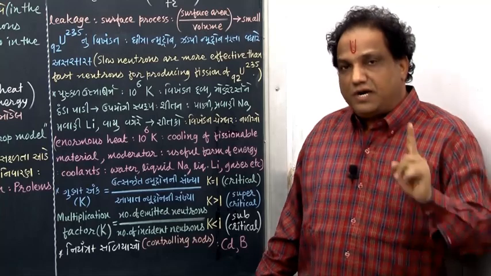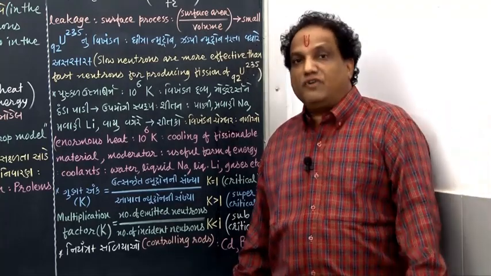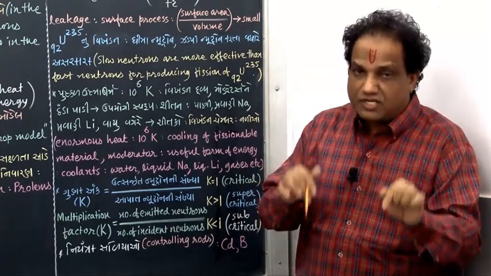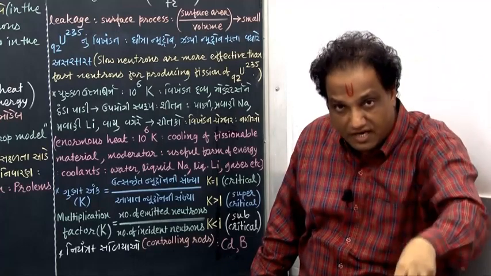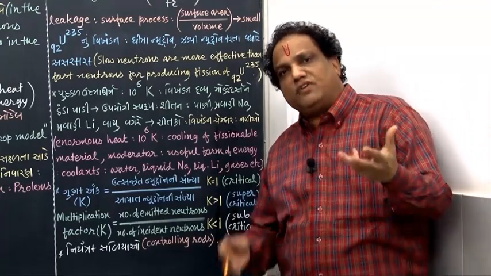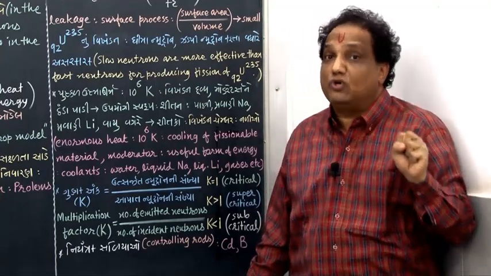Got it? Now, when the value of K is increasing more than 1, what do we do? We insert rods made up of cadmium and boron inside the nuclear reactor, and these rods have one specific property: they can absorb the excess number of neutrons.